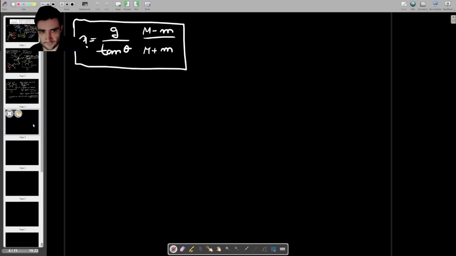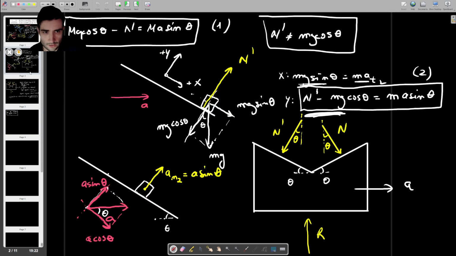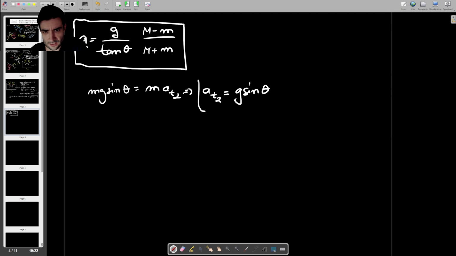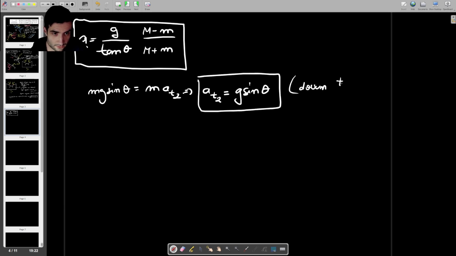So we have that mg sine theta is equal to m a t2. Therefore, the tangential acceleration of the second block is going to be g sine theta. And this acceleration is going to be down the incline, which is going to be relevant in a second.